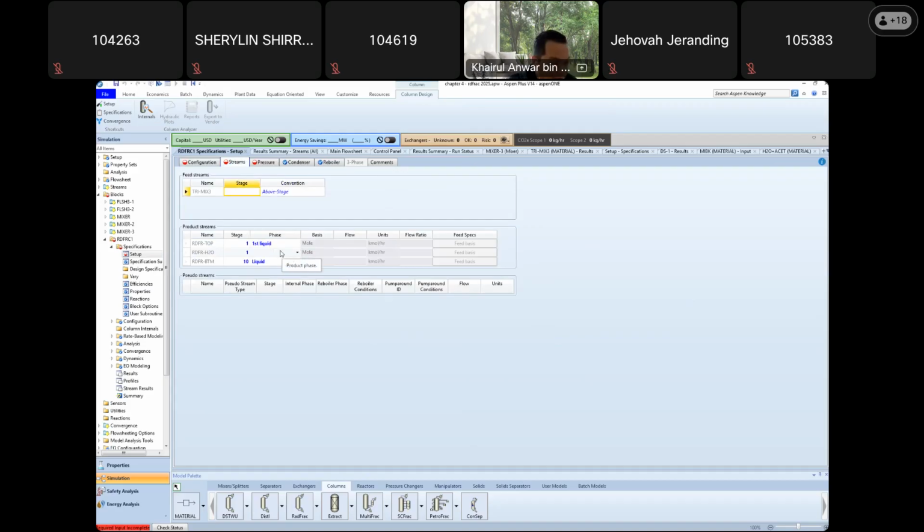So for the stream premix, it enters at stage number 5. Then for the product streams, we have LDFR bottom. It's liquid 10. LDFR top is 1.